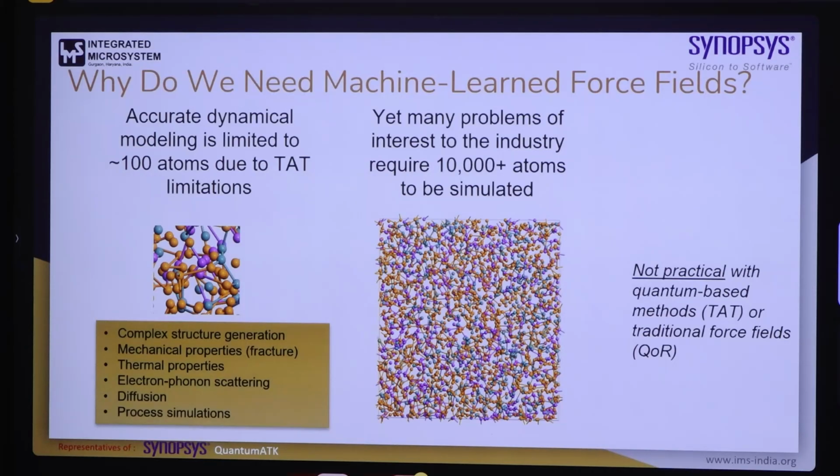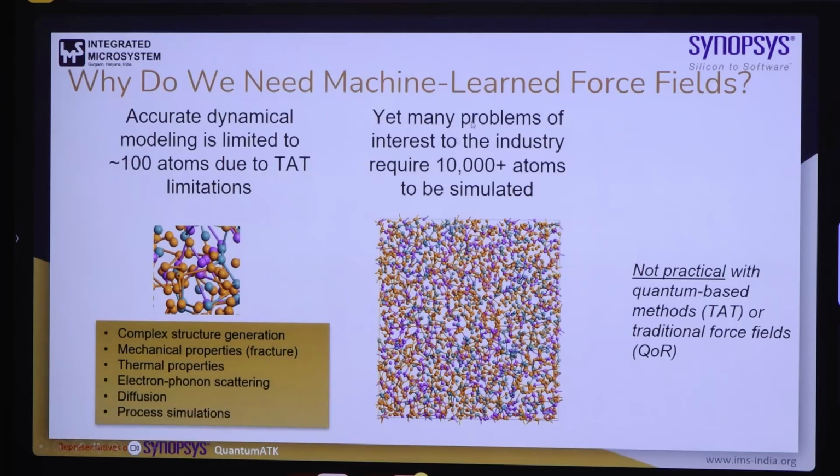QuantumATK also comes with machine learning force field simulation. So the question arises, why do we need this machine learning force field simulation? It is an accurate dynamical modeling tool for complex structure generation, mechanical properties, thermal properties, electron-phonon scattering, diffusion, and process simulation. Other dynamical tools are typically limited to around 100 atoms because of long simulation times and the quality of the result.